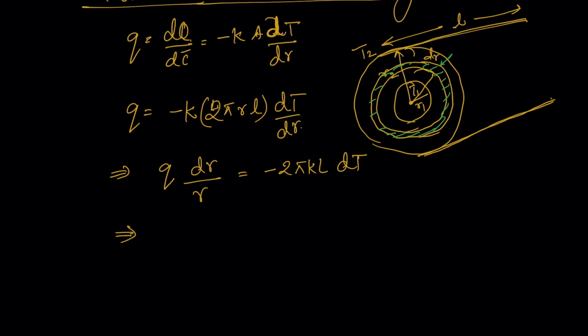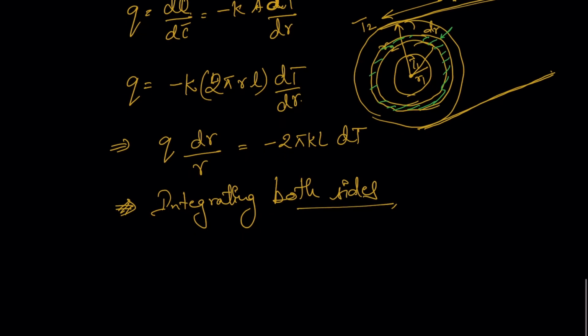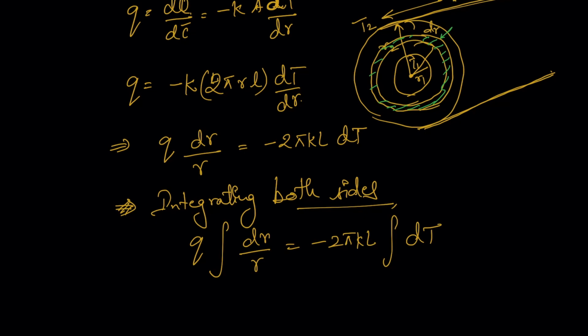Now integrating both sides, you can get q, you can take as a constant and take outside, dr by r equals minus 2 pi k l, where l is also constant, you can take these out, and integrating dT. So at r equals r1, temperature is T1. At r equals r2, temperature is T2, right?